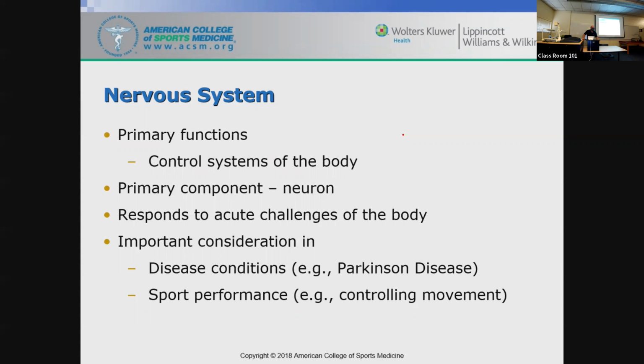It's going to figure out what to do, and it's going to say, I think we need to take our foot off of that piece of wood or wherever the nail is and get away from it. So it's going to send the signal back down to the muscles of the legs and of the foot to contract, to move the leg out of the way. Hopefully it doesn't take that long. Hopefully it's much, much quicker.